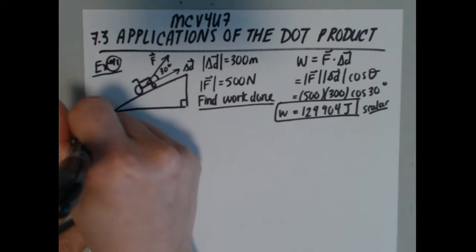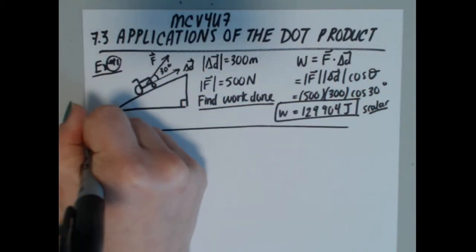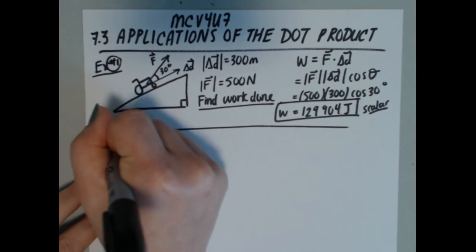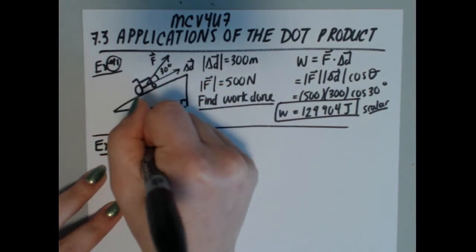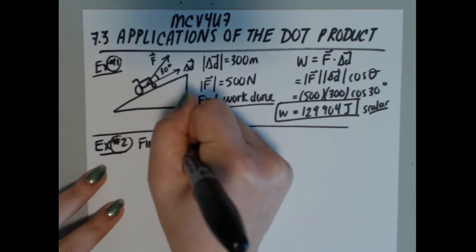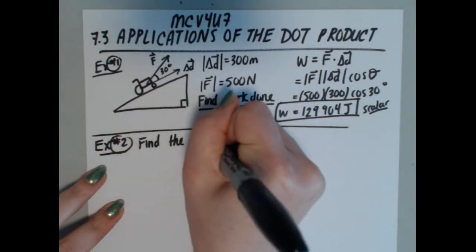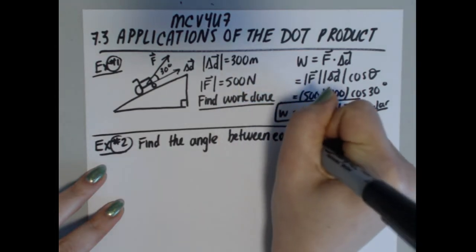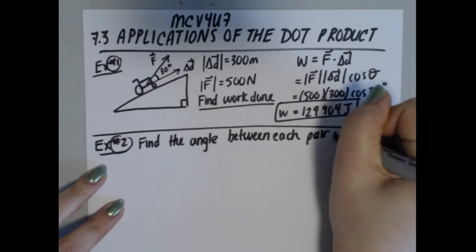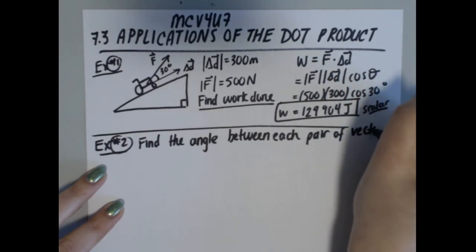Let's do another example. So this one's not so much application-based, just some knowledge and understanding. Example 2, find the angle between each pair of vectors.